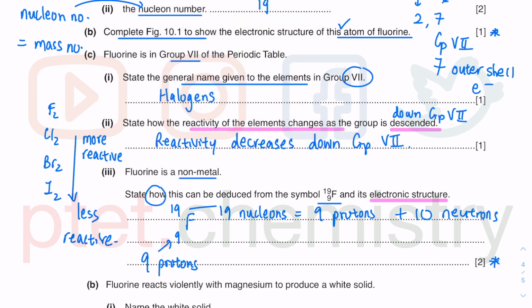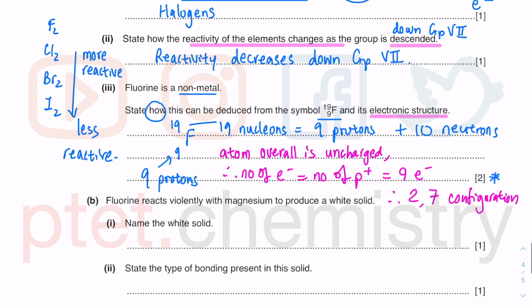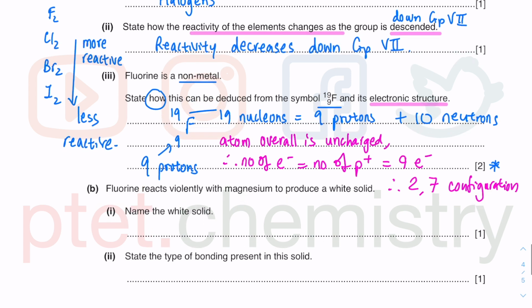Well, it's an atom, so the atom overall is uncharged. If overall it is uncharged, therefore the number of electrons is equal to the number of protons, as you have no overall charge. So how many electrons do you have? You must have 9 electrons. So therefore 2,7 configuration, 2 in the first shell, 7 in the second shell, and that is what we can deduce about the electronic structure there.